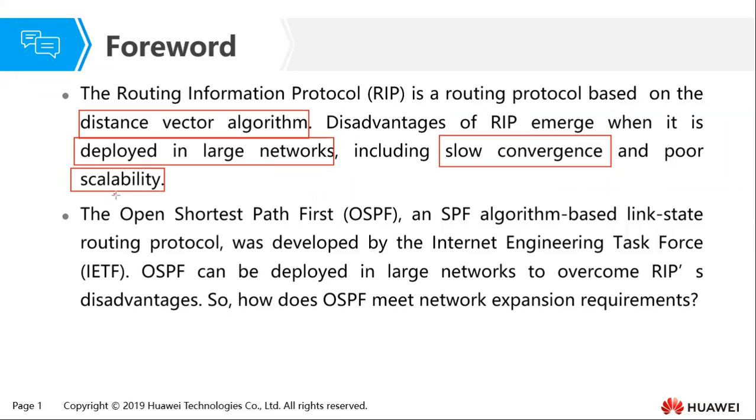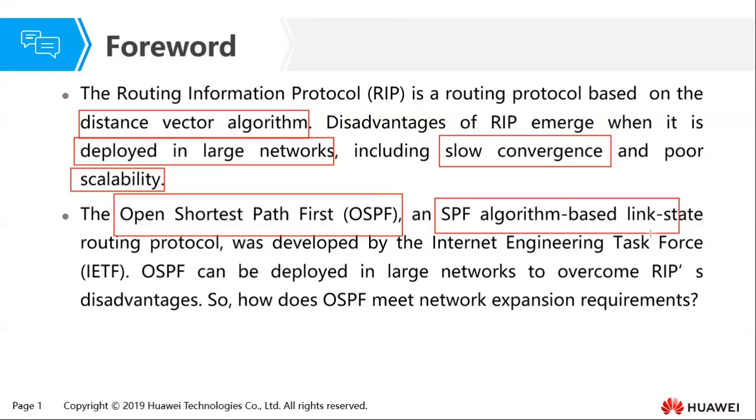So we have another protocol known as Open Shortest Path First, which is based on the shortest path first algorithm. So that's the first thing. It uses SPF, and it's also a link state routing protocol, which was developed by the Internet Engineering Task Force, IETF.